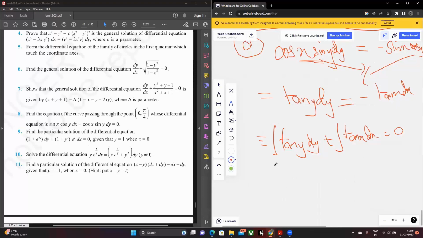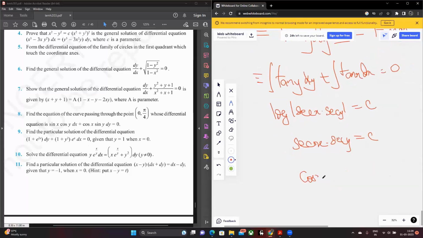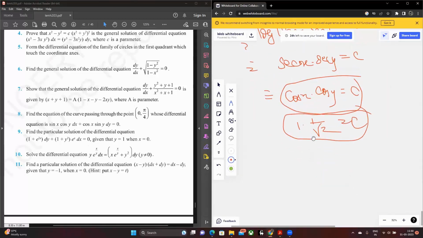Integrate this. This is log mod sec x into sec y equaling a constant. So this is sec x into sec y equaling a constant, or you can also rewrite this as cos x cos y equaling a constant. Since this curve passes through the point (0, pi by 4), you have 1 into 1 by root 2 equal to c, so c is equal to 1 by root 2.